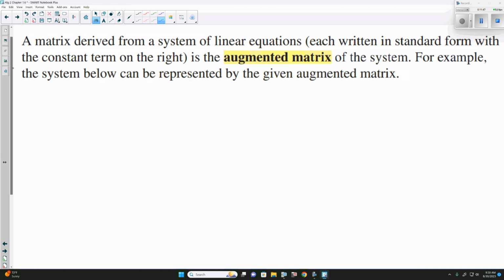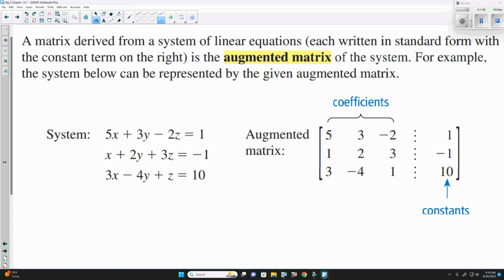Now we also have something called an augmented matrix for a system of equations. For example, the system below can be represented as an augmented matrix. We take a system of equations, and we're just taking the numbers in front of the variables with their signs and setting them up as a matrix.